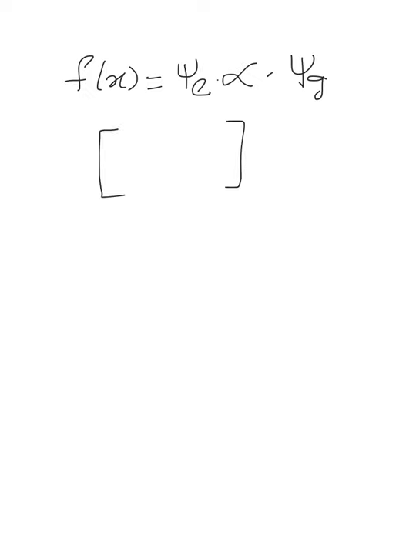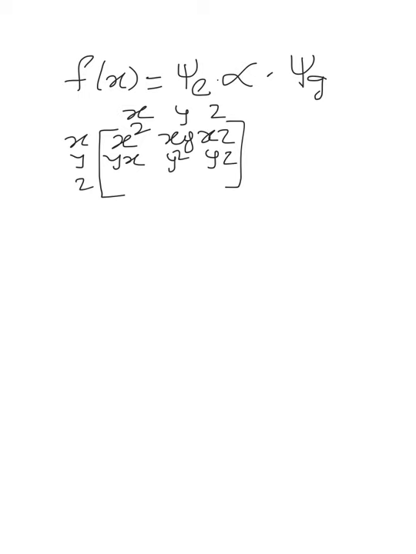Similarly, when we consider Raman active vibrational modes, we always consider the function psi E, alpha, psi G. Instead of mu, we take alpha. Alpha is called polarizability. Polarizability is a tensor. It has components and can be represented by a 3 by 3 matrix: x square, xy, xz, yx, y square, yz, zx, zy, z square.